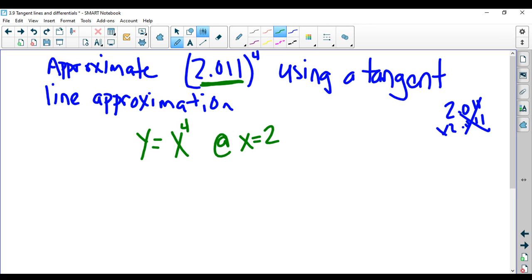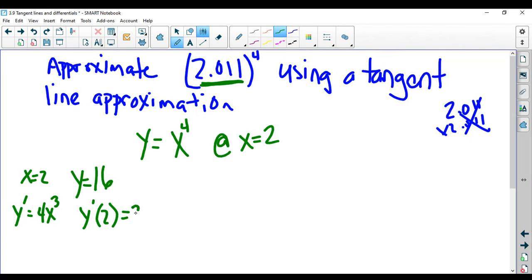So we know that when you plug in 2, y equals 2 to the fourth, which is 16, and f prime of 2, y prime is 4x cubed, and that means y prime at 2 is 4 times 2 cubed, which is 4 times 8, which is 32.